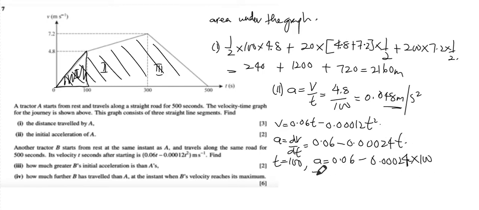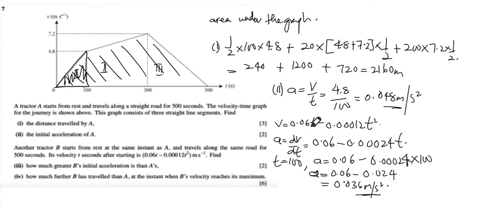So we move 2 decimal places, so it should be 0.024. The answer is 0.036 meter per second squared.